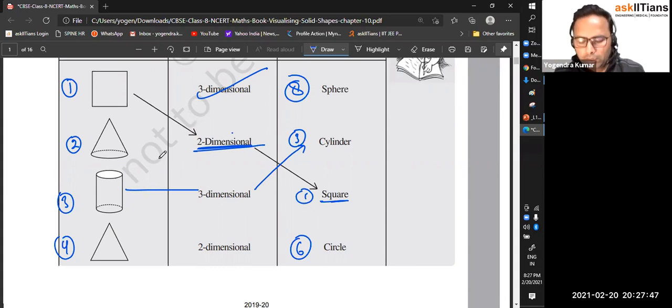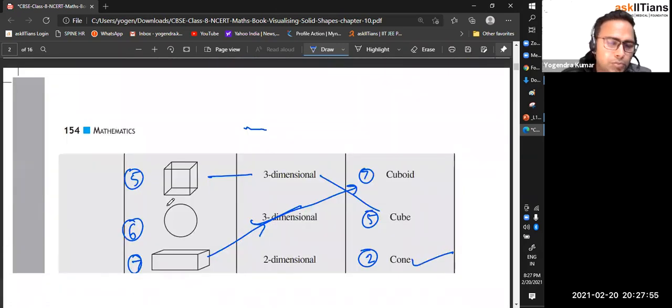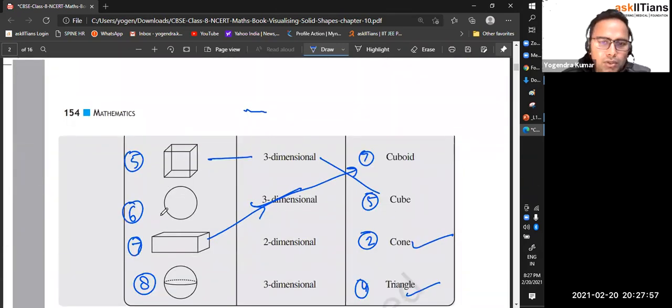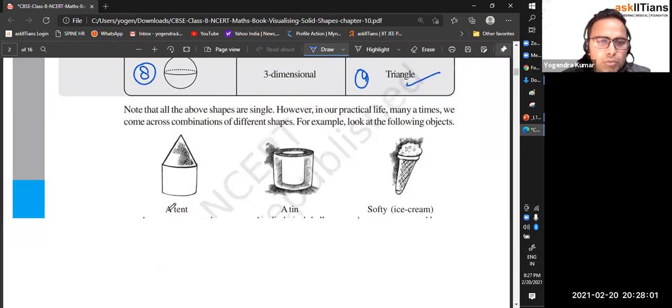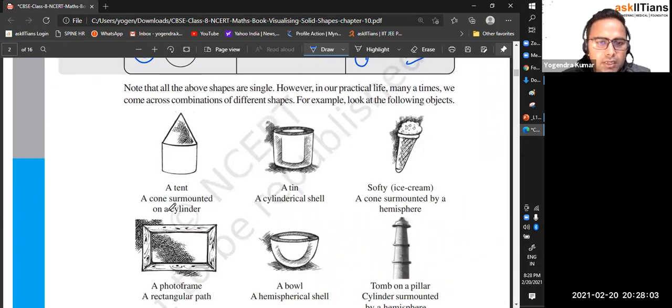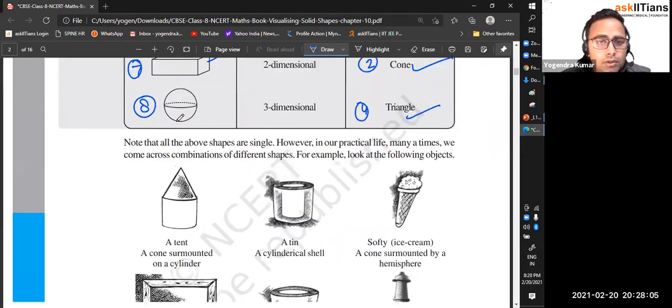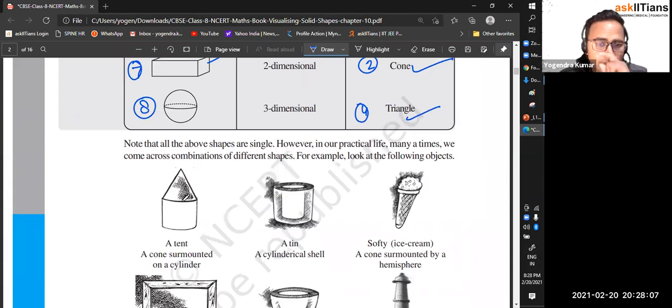A pen is cylindrical, right? Those are solid shapes. Your phone is also a cuboid shape, right? So you need to understand all this. Objects around you are in solid forms, and there are different forms. We have cuboid, rectangular, cylindrical, spherical, all these shapes, right?